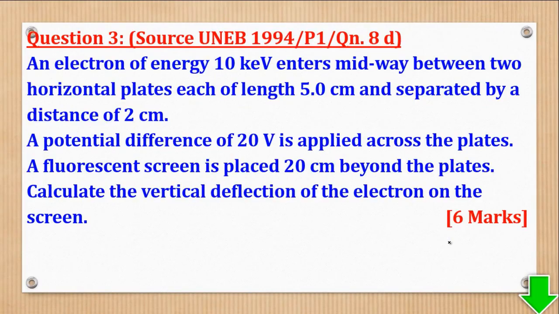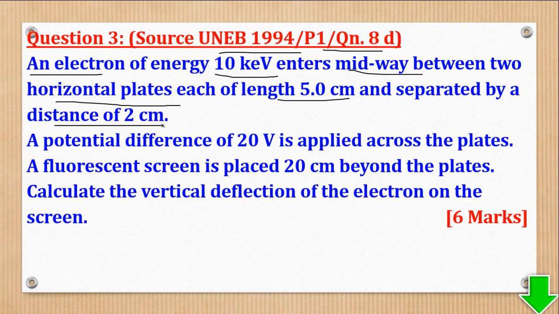Okay, then when we finished deflection at the end of the plates, we looked at deflection on the screen. So that is what this question is about. And it came from UNEB 1994, paper 1, question 8D, and it says, an electron of energy 10 kilo electron volt enters midway between 2 horizontal plates, each of length 5 centimeters and separated by a distance of 2 centimeters.